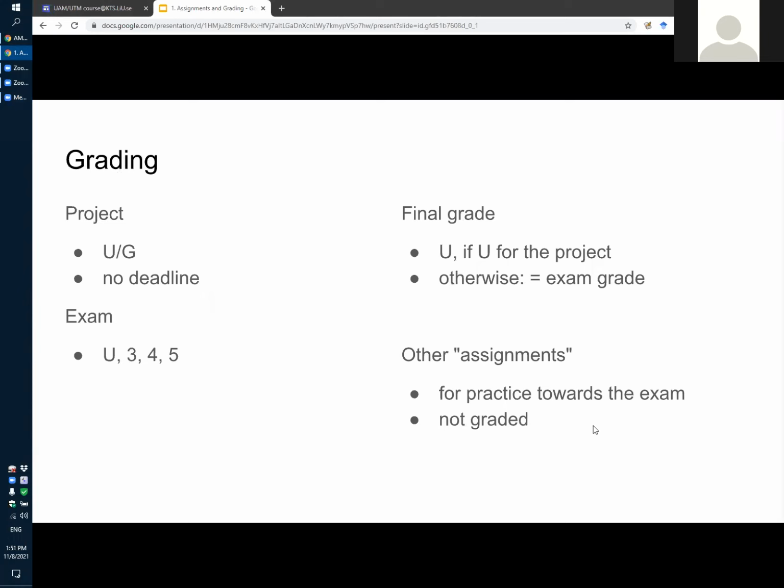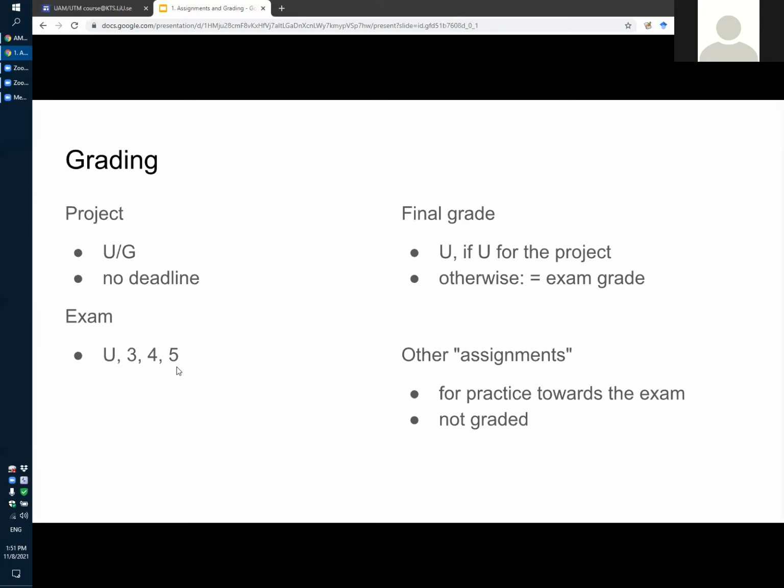Now the grading. The project is only pass and fail, and there is really no deadline. So do it whenever you want to get a grade for this course. And for the exam, you can get the full range of grades. Essentially, with less than half you fail the exam. More than half by default you pass the exam and pass the course.